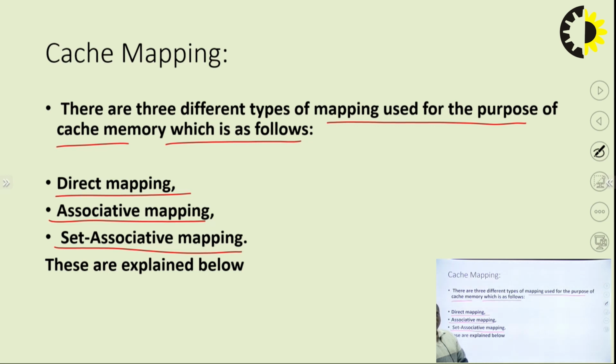Direct mapping is mainly based on the pigeonhole principle, and the concept of associative mapping is that any page can be allocated into any page of the cache memory. And in set associative mapping, the total cache is divided into n number of sets.